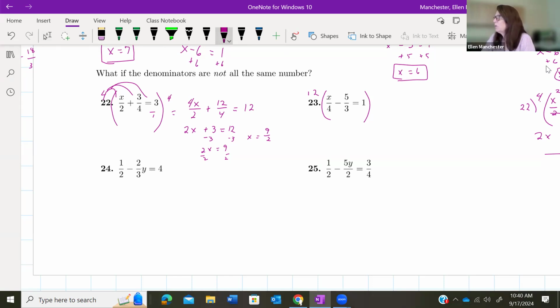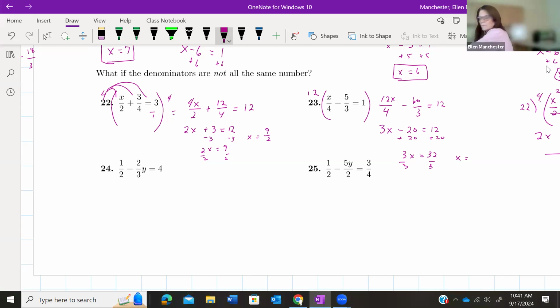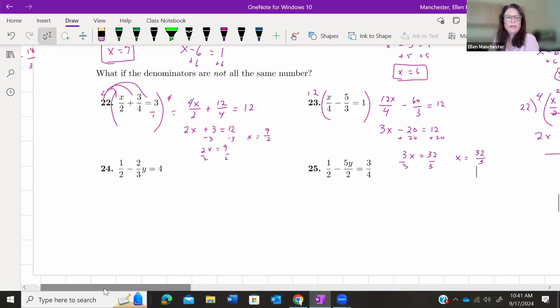Again, 4 or 3 won't go into the other, so then I just go ahead and multiply them. Okay, so 32 over 3, everyone got it?